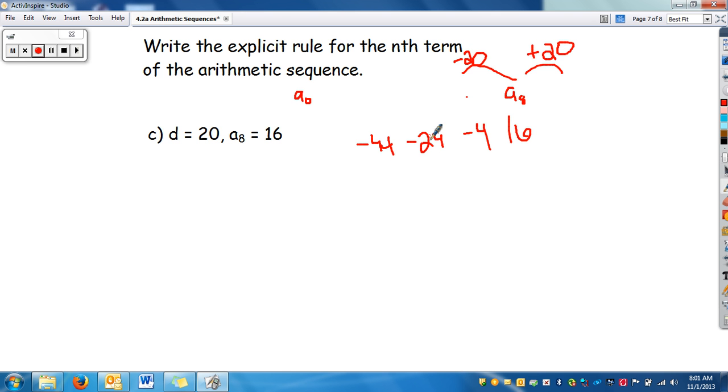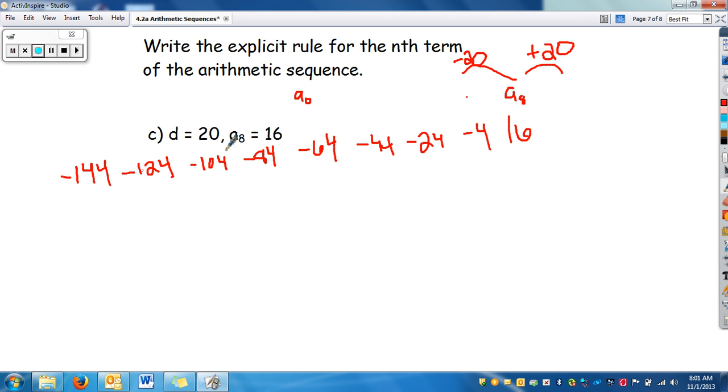So that's 7, 6, 5, 4 is negative 64, 3 is negative 84, 2 is negative 104, negative 124 is 1, so the last one is negative 144.